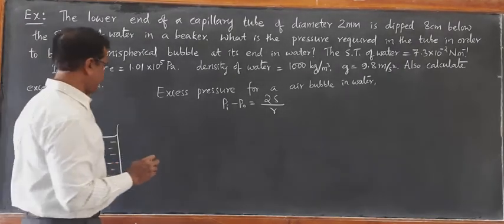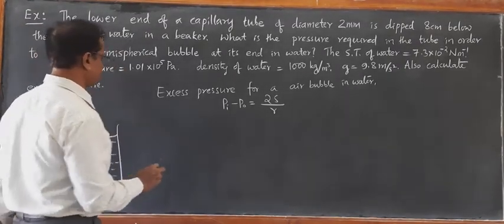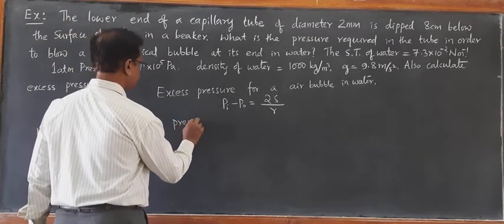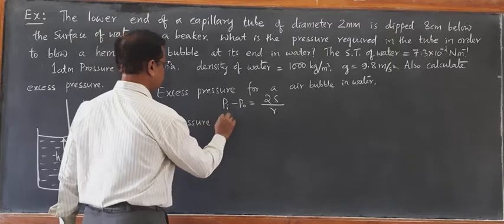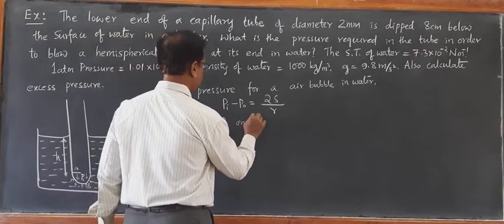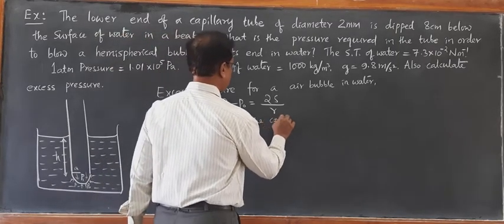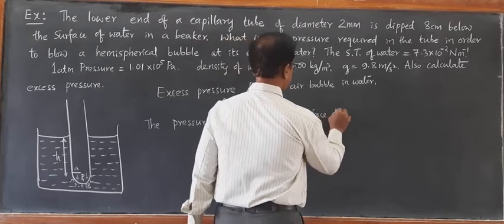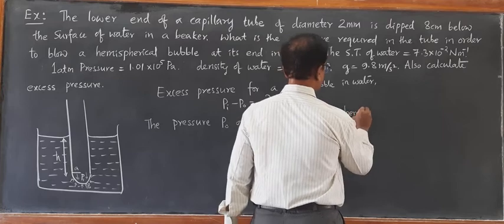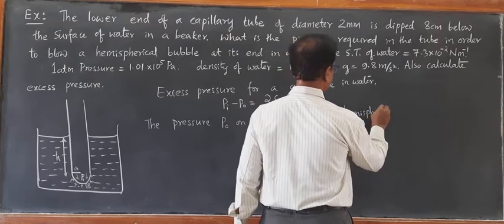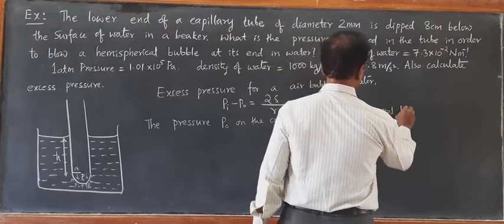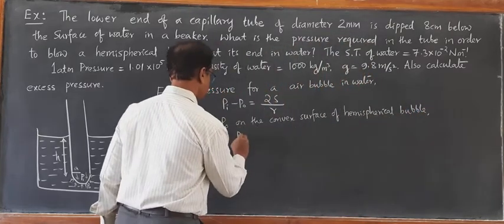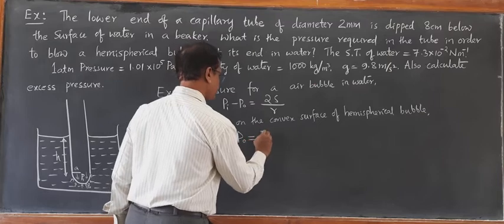So I will write here the pressure P naught on the convex surface of hemispherical bubble. P naught is equal to PA.